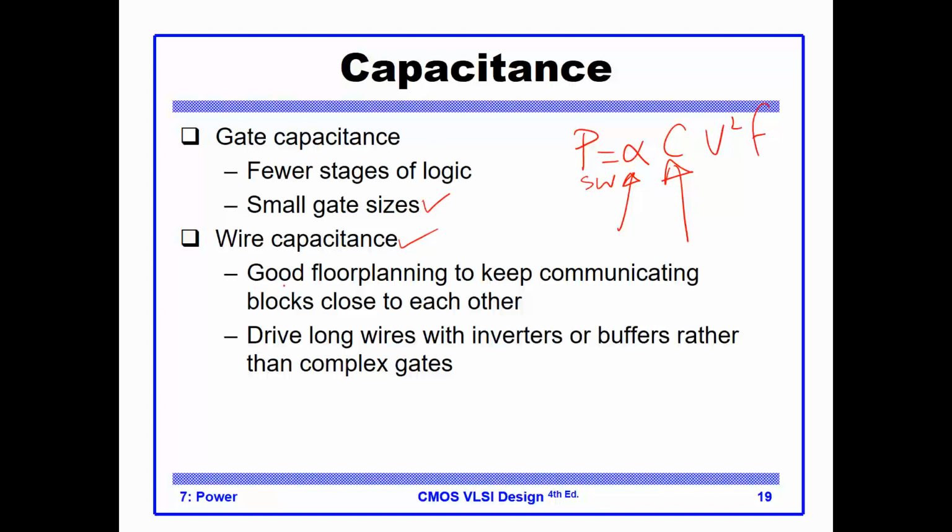You have to do better floor planning. You have to make sure that you drive those long wires with a lot of care and an optimum number of buffers and inverters. We'll discuss this at some point in the class when we talk about wires.